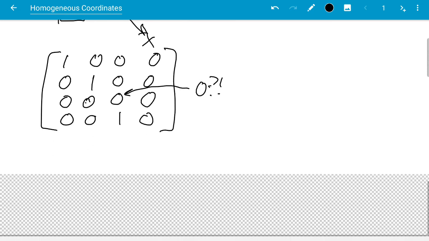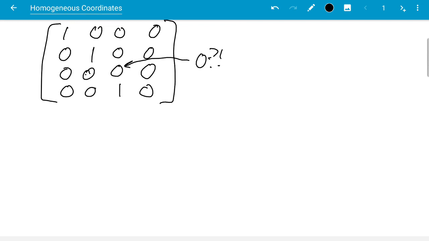All right. Now this isn't going to mean anything until we actually do the math. What happens when we transform a vector by this? So let me call this P for perspective or projection, and let me do P times some vector.